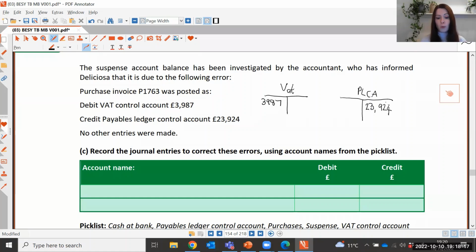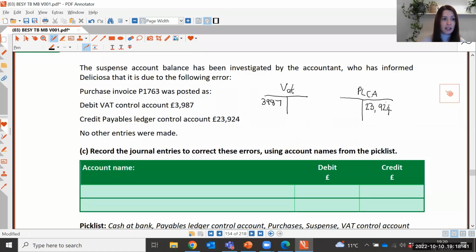Remember, it's always the gross amount that is entered. So we've got a credit entry of £23,924, and we've got a debit entry for VAT of £3,987. So we've got a debit and a credit entry, but of course they're of unequal amounts.